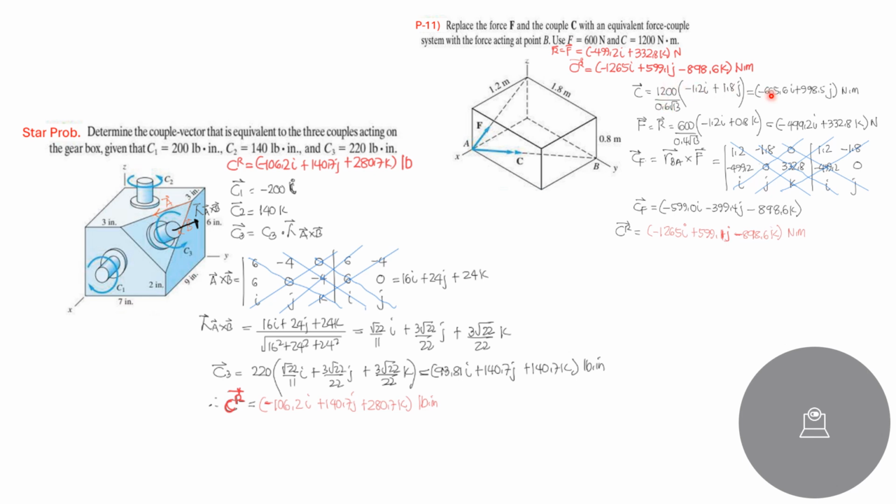So combining and simplifying, the couple is negative 665.6i plus 998.5j newton-meter. Then F equals R because there's only one force, and it is equal to, in vector form, magnitude 600 times the direction, which is negative 1.2, then go up 0.8 along z.